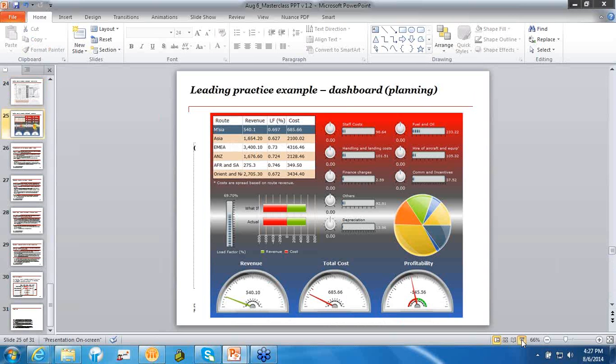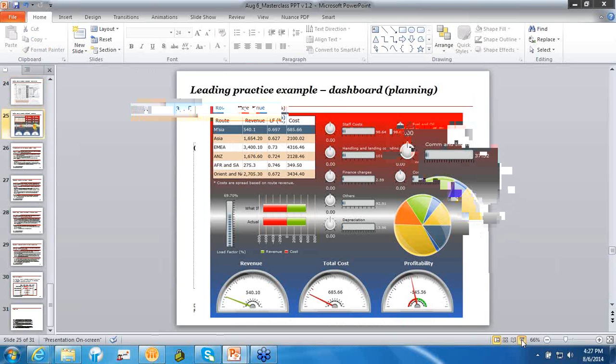So you might have a number of levers which will impact the revenue, the cost, and the profitability. Those levers can all be specified on the right hand side of the screen, and for each of these levers you can change and play around with them and see the impact of the change on the profitability and the cost at runtime.